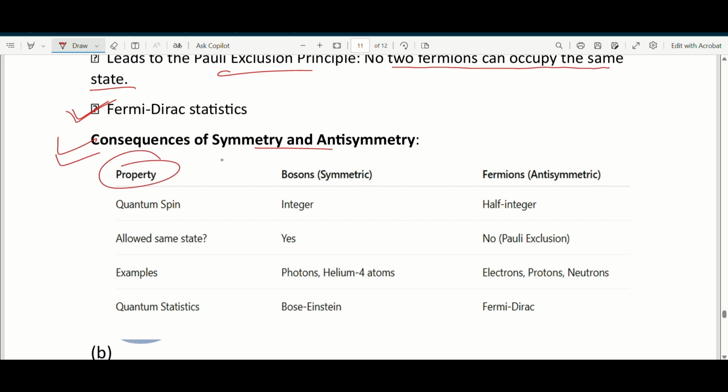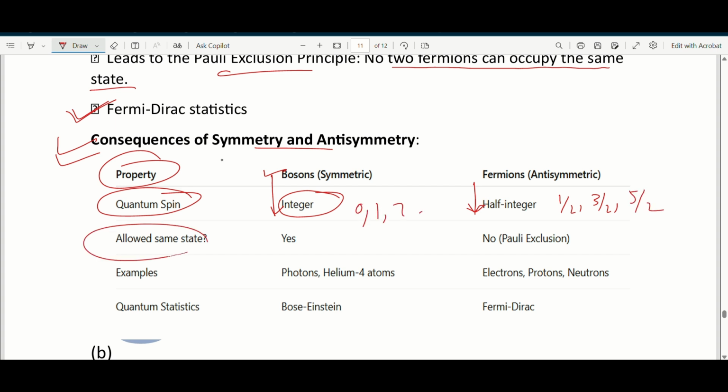For the property of quantum spin, bosons have integer spin, like 0, 1 and so on, and fermions have half-integer spin, like 1/2, 3/2, 5/2, and so on. Same state allowed: yes for bosons, they can stay more than one in a single state, but fermions cannot due to the Pauli exclusion principle.